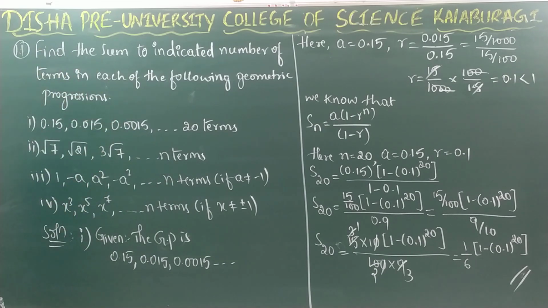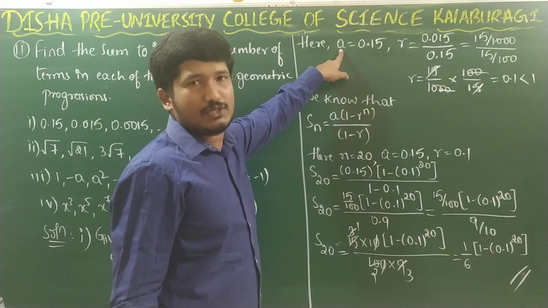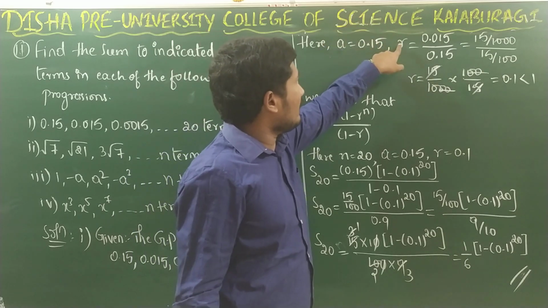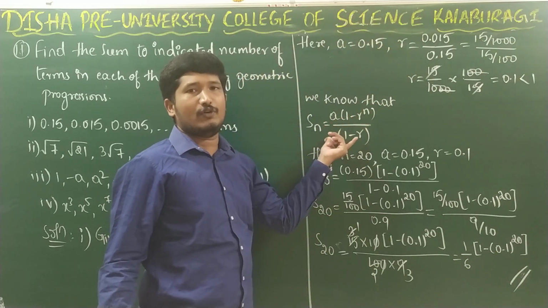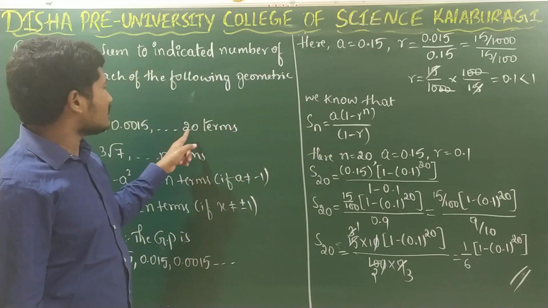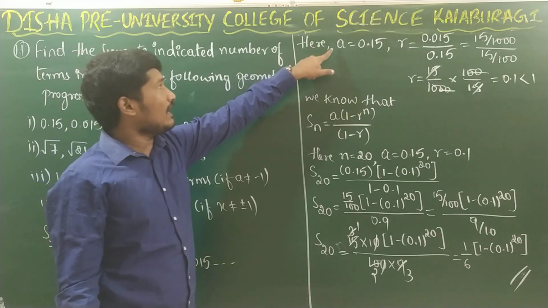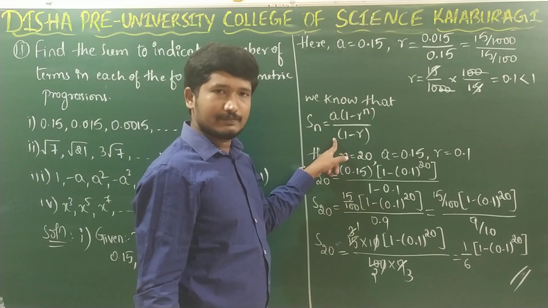So I hope you understood. What did we do? From the given geometric progression, we have got the value for A. We have got the value for the common ratio. So we are using this formula, the Sn formula. Why? We have to calculate the sum to n terms. Here n is equal to 20. We have the value for A and we have the value for R. I have substituted in this.